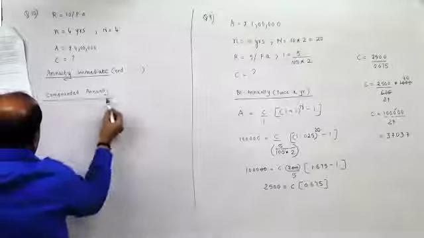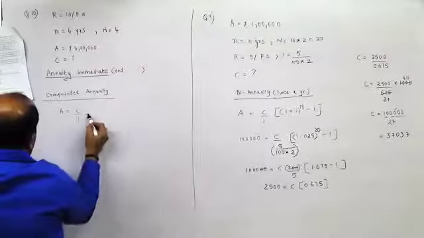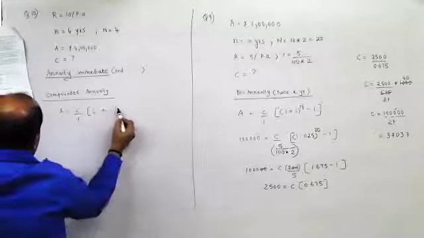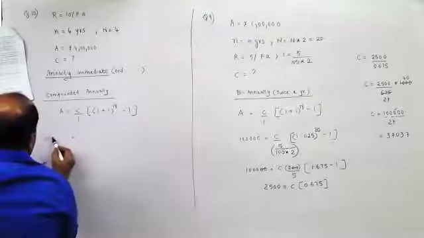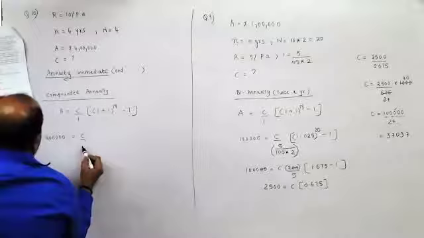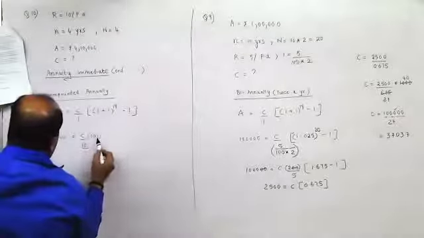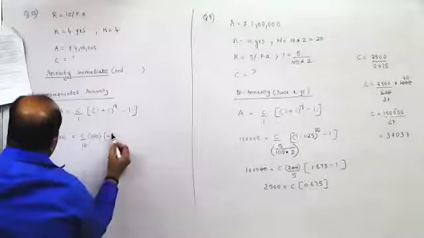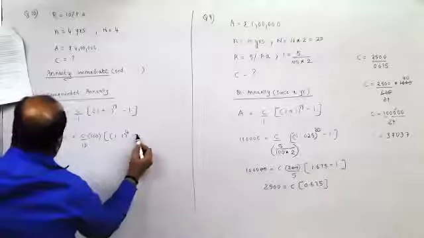Now compounded annually would mean A equals C upon I into (1 plus I) raised to N minus 1. Now A is 4 lakh, C is not given, I is 10%, so 10 upon 100. 1 plus this would be 1.1 raised to N, which is 4, minus 1.